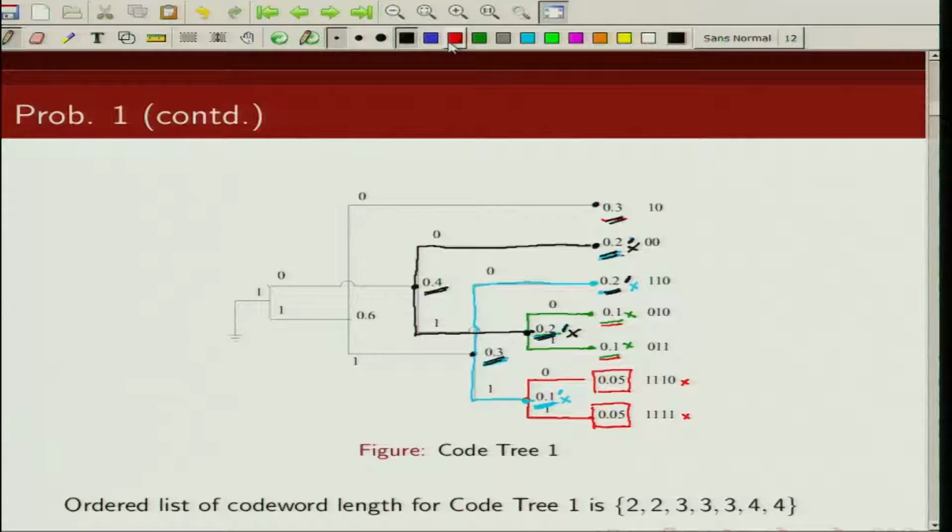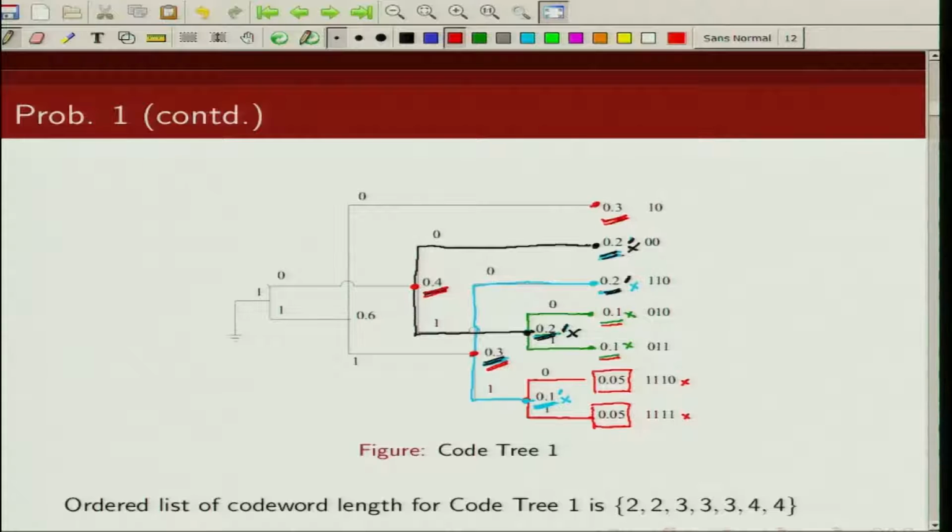Now at this point, my active nodes are these 3. I have this node with probability 0.3, this node with probability 0.3, and this node with probability 0.4.